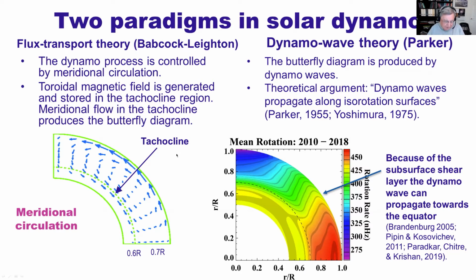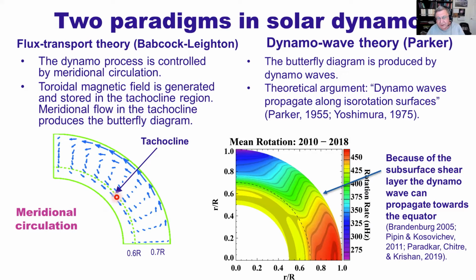Diffusion played an important role, but for some reason it's now considered that it is mostly meridional circulation. Meridional circulation transport is what causes the polarity reversals in polar regions when sunspots emerge, and then the magnetic field is transported to the polar regions and reverses polarity, then transported back to the base of the convection zone where it's amplified. The butterfly diagram is actually formed by the meridional circulation at the bottom of the convection zone. Then sunspots form there and shoot to the surface, and that's roughly how the theory explains this.